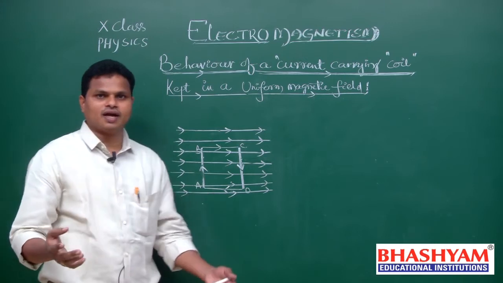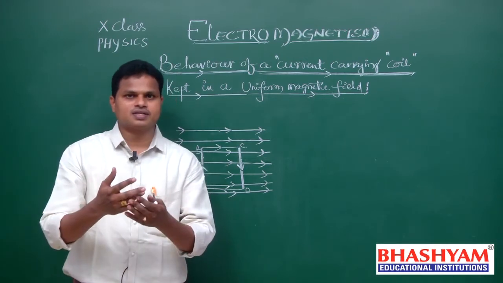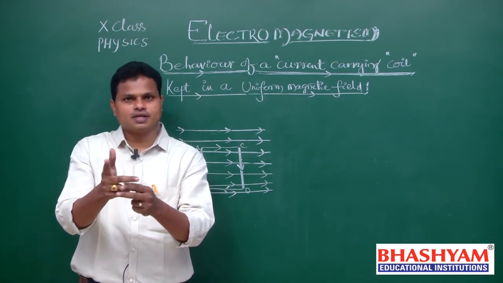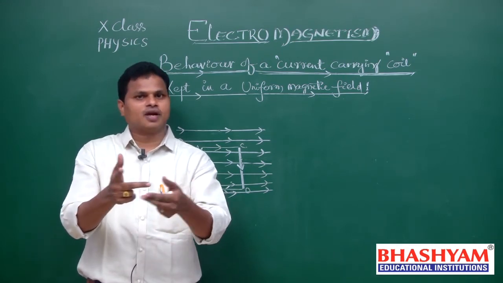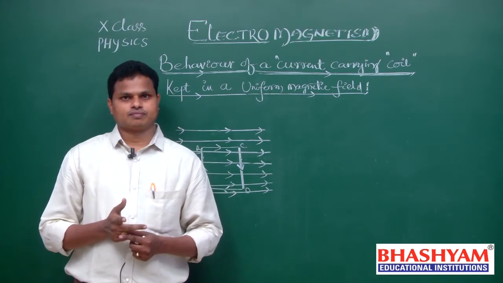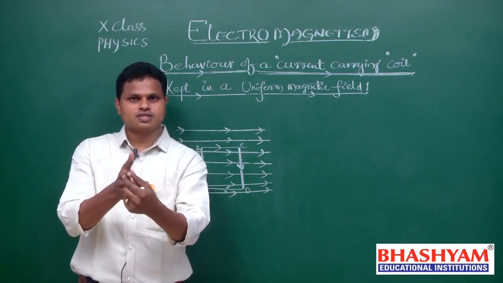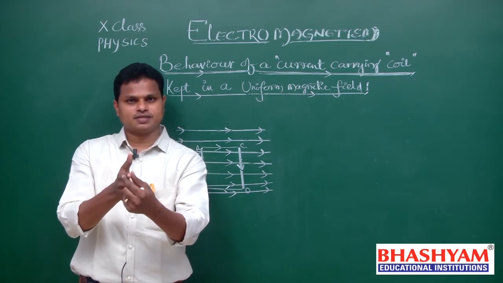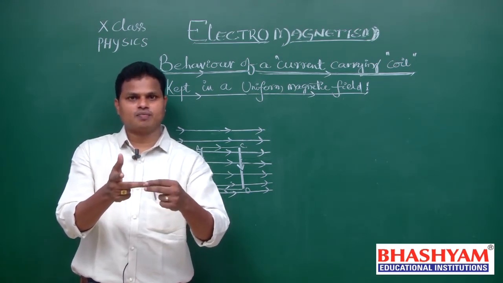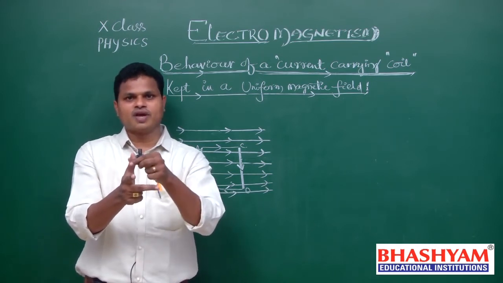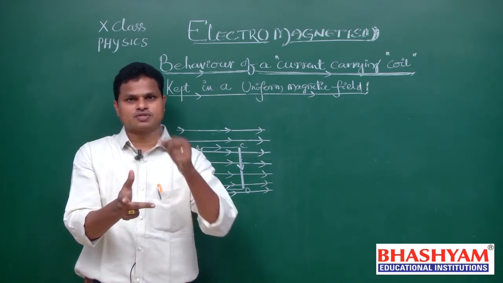In the right hand rule, we stretch three fingers so that they are perpendicular to each other. The forefinger points towards the direction of current, the middle finger points towards the direction of the magnetic field, and the thumb gives the direction of force.